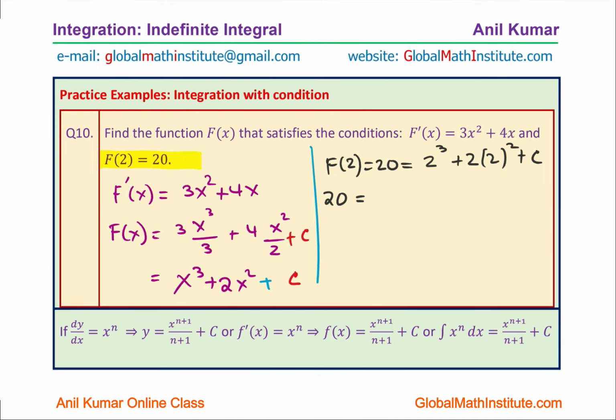We get 20 equals 2 cubed, which is 8, plus 2 times 2 squared, which is also 8, so we have 8 plus 8 plus c. So we can write 20 minus 16 equals c, which is equal to 4, correct? So we find the value of c as 4. Perfect. Let me write down the answer that c, the constant, is equal to 4.